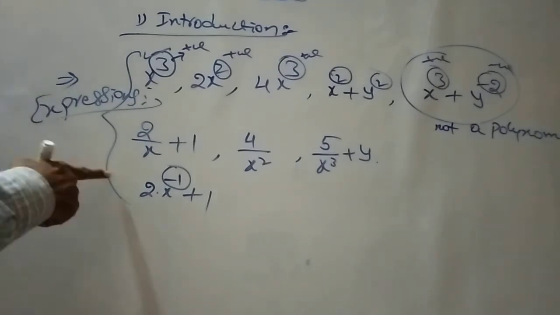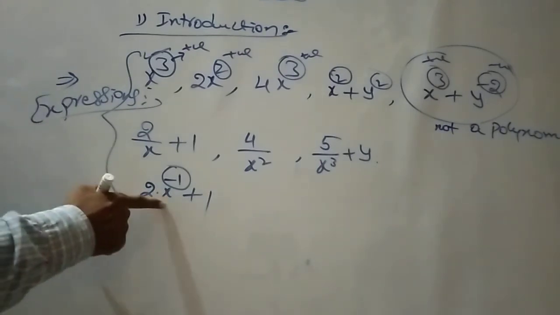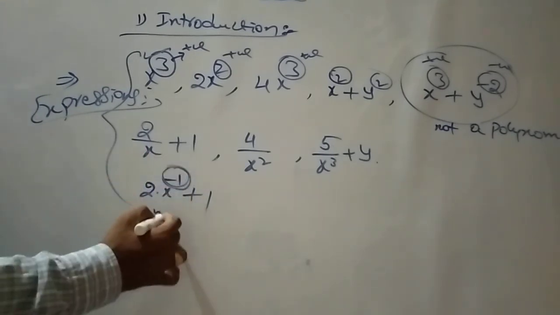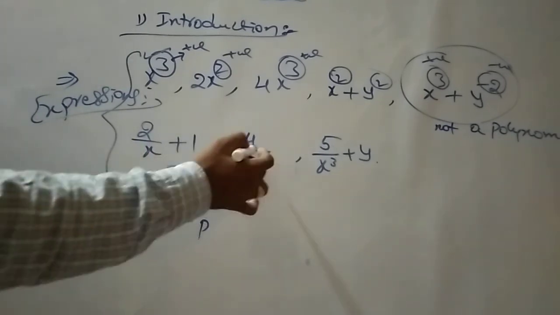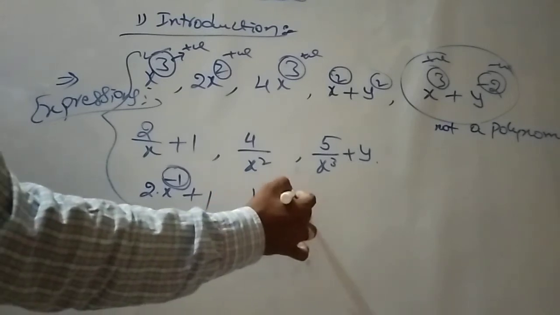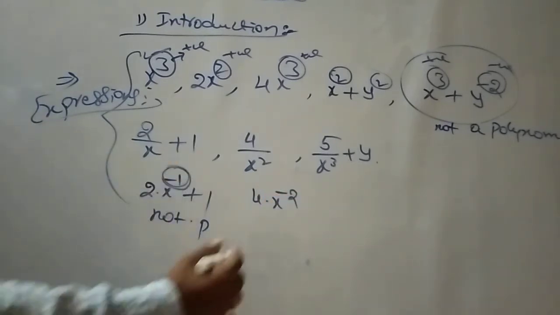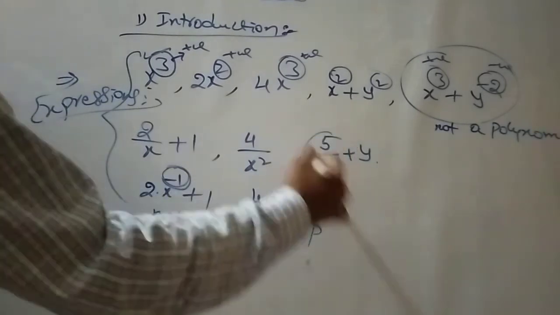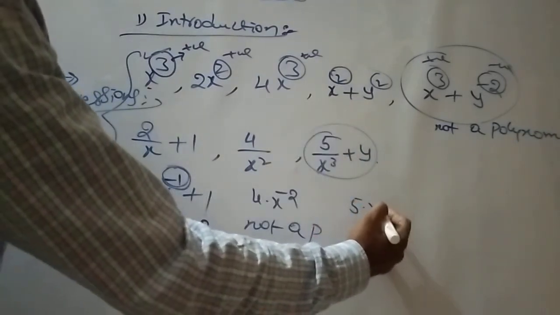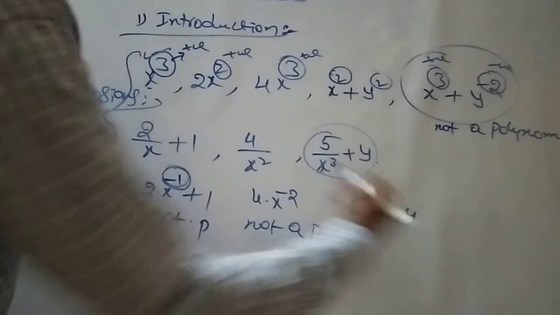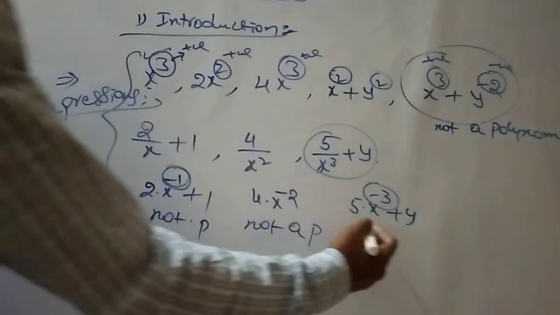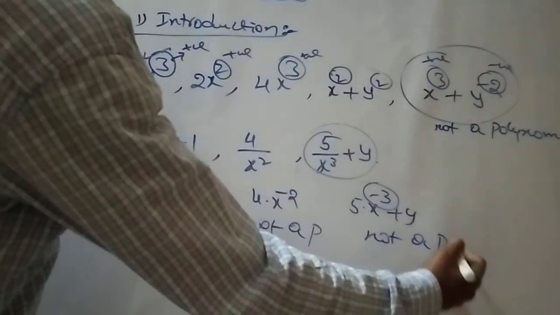Coming to the next, 2 into x power minus 1, here also the power is negative, so it is not a polynomial. The next, 4 into x power minus 2, also a negative power, so it is not a polynomial. The next, 5 into x power minus 3 plus y, here x power minus 3 is a negative power, so it is also not a polynomial.